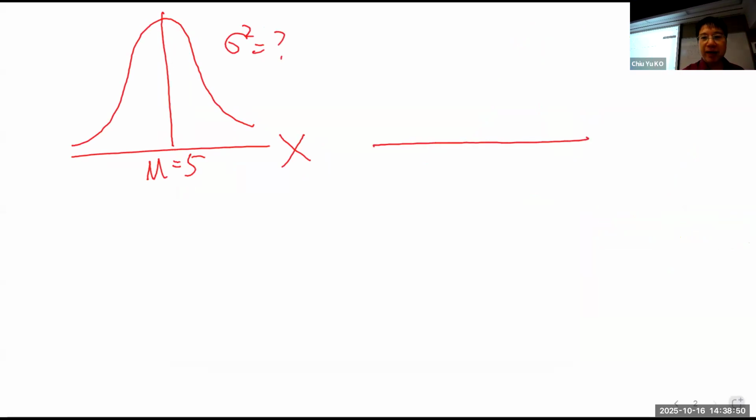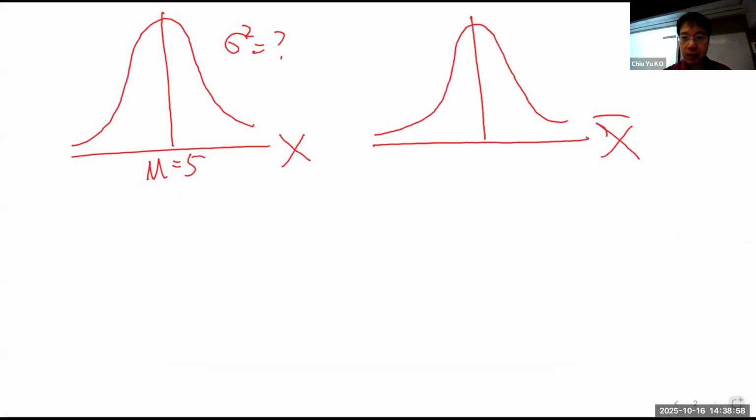Because it's a bell curve, the sample mean is also bell, with mean also 5. This is sigma square over n. The problem is I don't know sigma square, so I have no idea about sigma over n. But from the data, we know that s squared is 8.